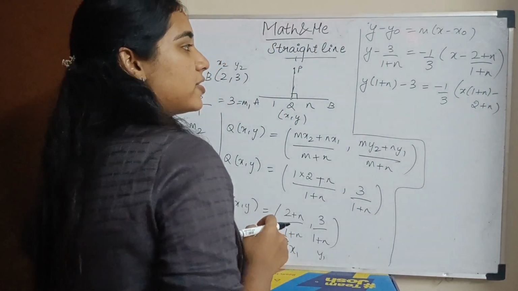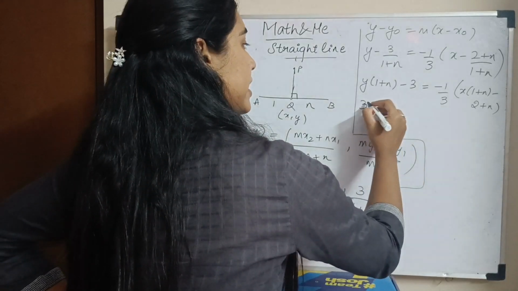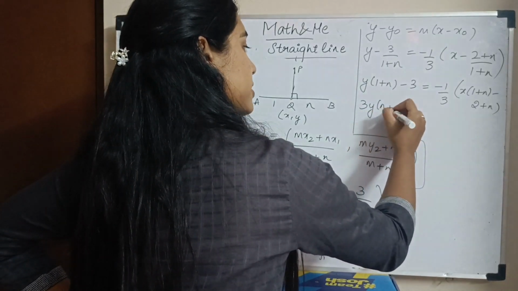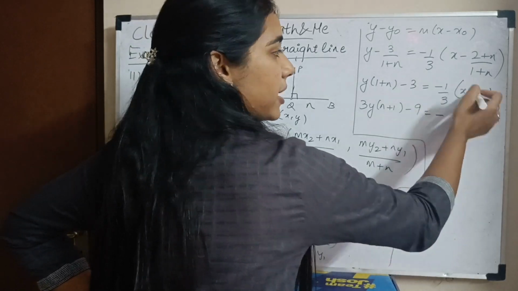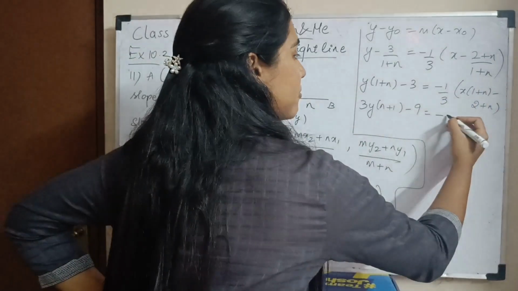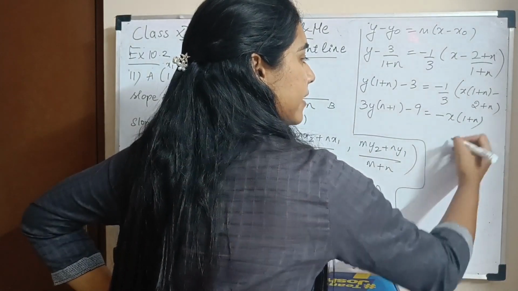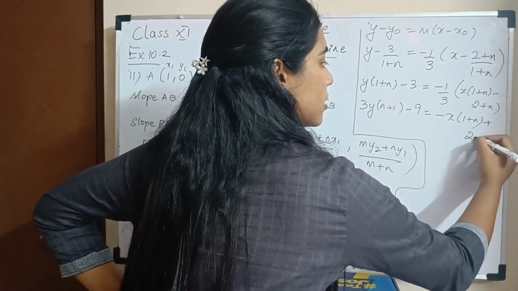So here y times (1 plus n) minus 3 equals minus 1 by 3 times x times (1 plus n) minus (2 plus n). Multiplying both sides by 3, I get 3y times (n plus 1) minus 9 equals minus, multiplying the minus inside, minus x times (1 plus n) plus (2 plus n).